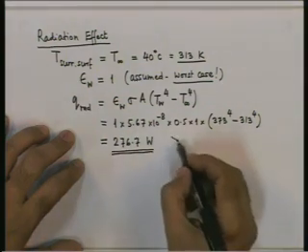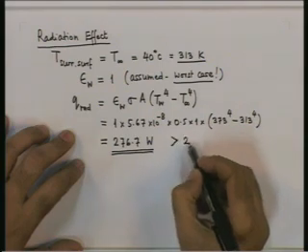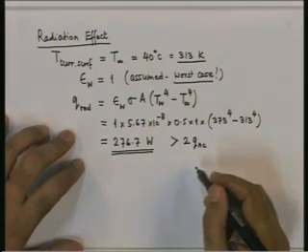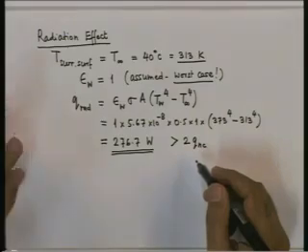Notice that this is more than twice the heat transfer by natural convection. Okay, that means in natural convection processes, radiation may play a very significant role.